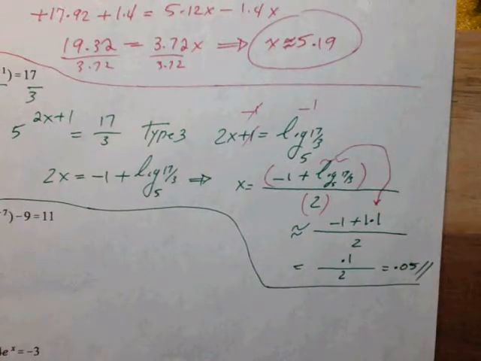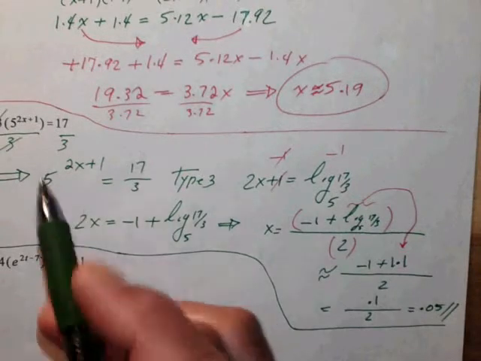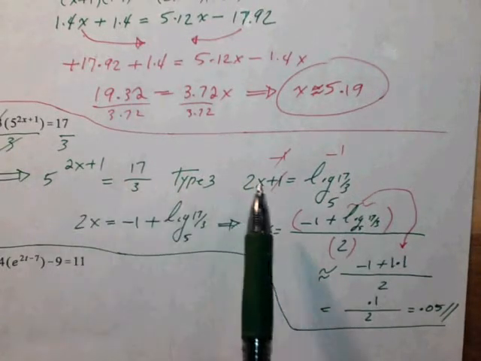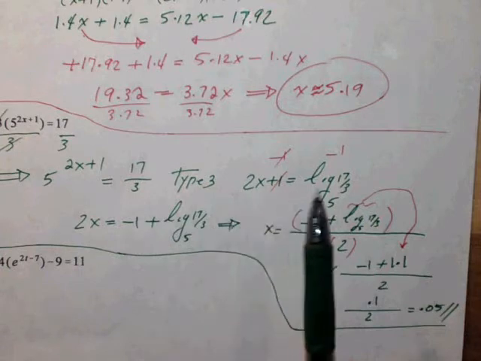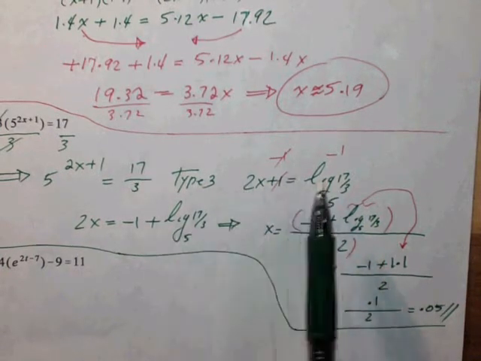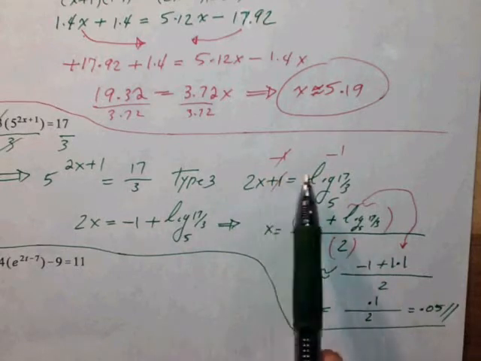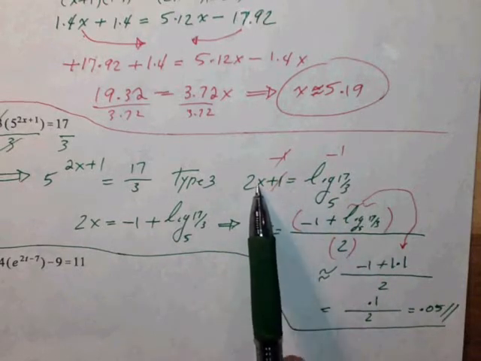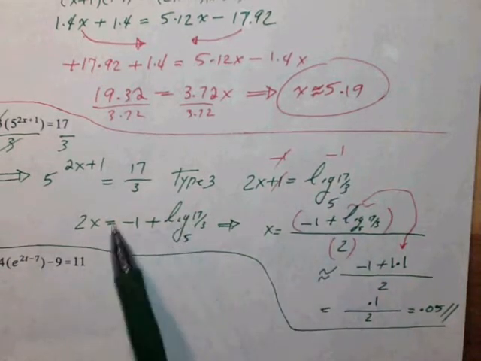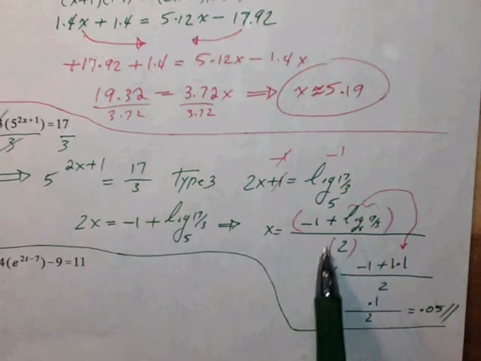Let me do it one more time. First you divide by 3, your equation becomes type 3, then you apply the definition of logarithm to convert it to logarithmic form, and then you go after finding x, so you have to get rid of this 1, so you subtract 1 from both sides. That's what you get. Then divide both sides by 2.